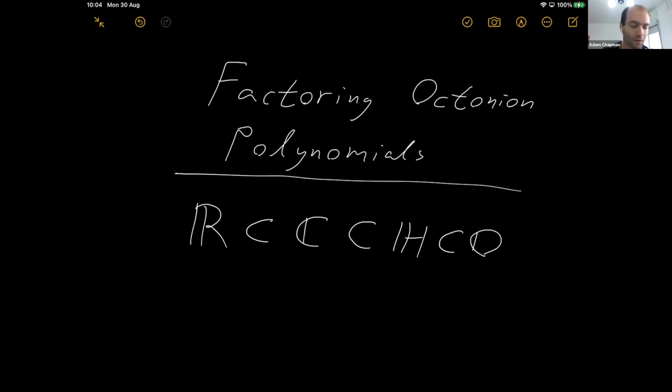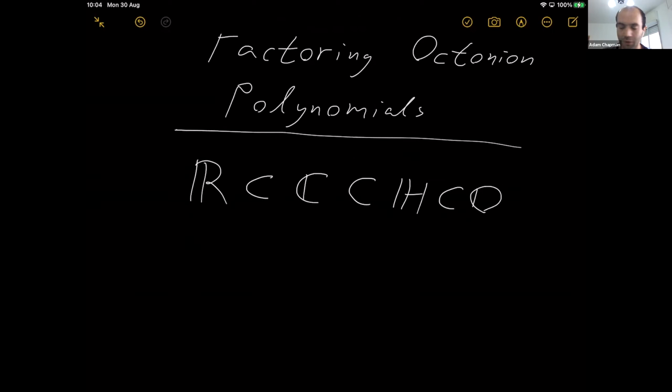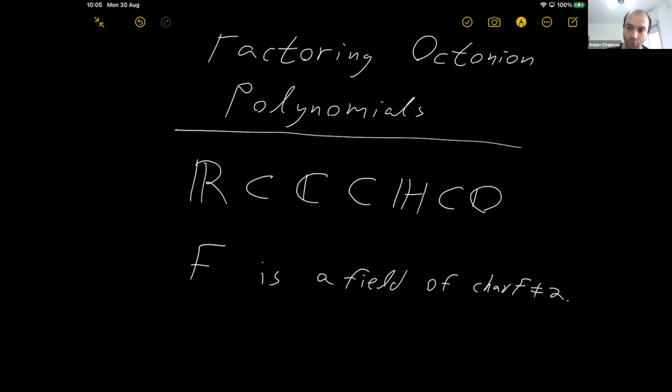So I'll give here some brief introduction of how to construct these, also over arbitrary fields. The only assumption I'm going to use is that F is a field, and I want it to be of characteristic different from 2, which is not necessary in general. You can repeat the same construction also for characteristic 2, but for this talk, for simplicity's sake, I'm going to assume the characteristic is different from 2.